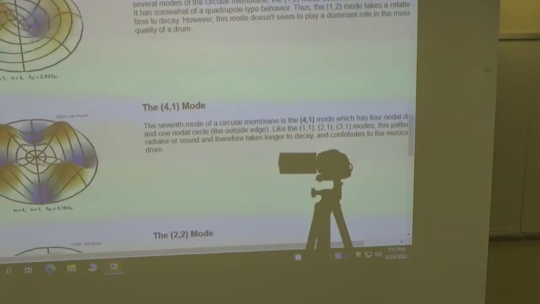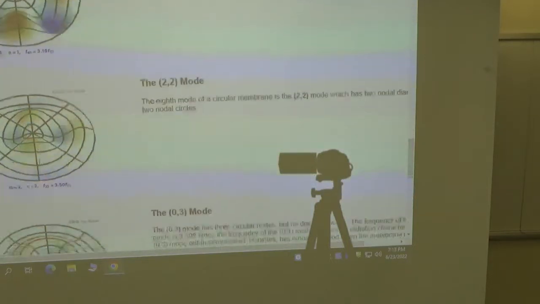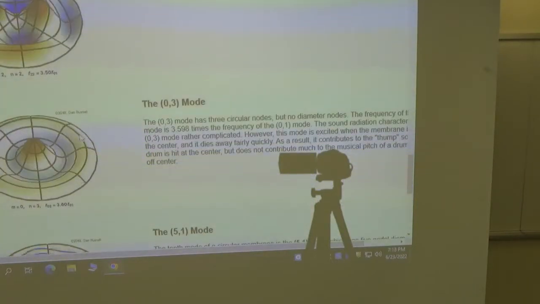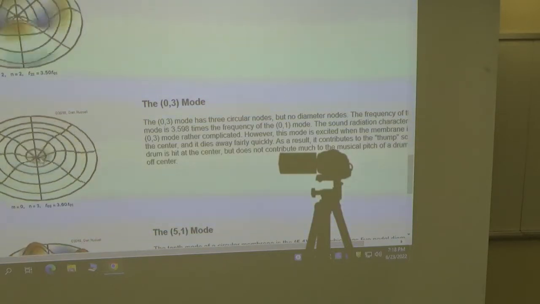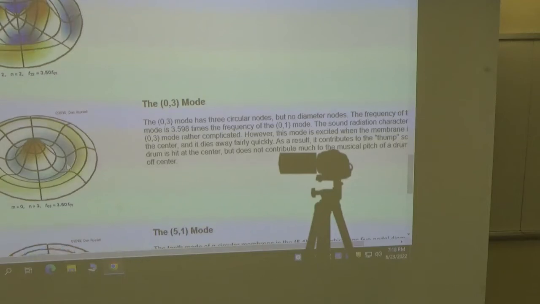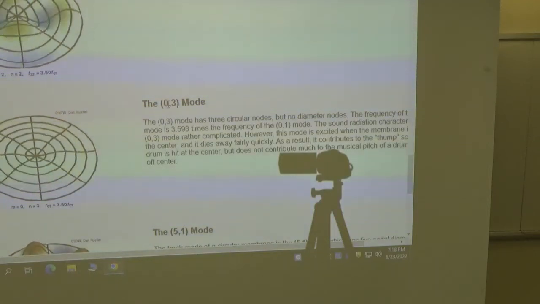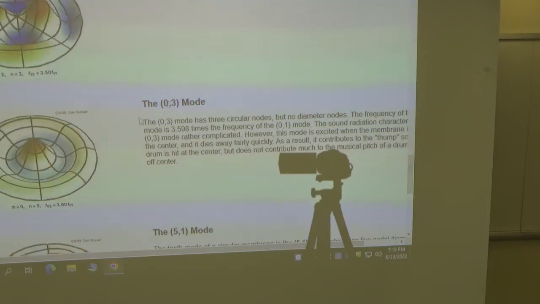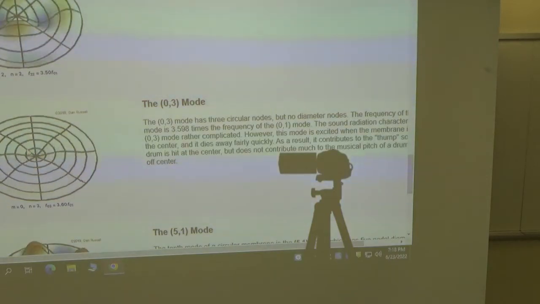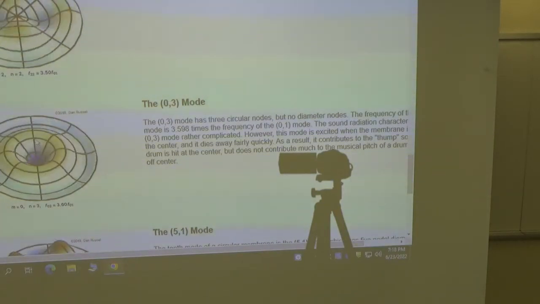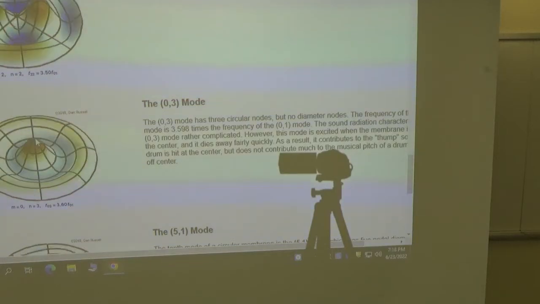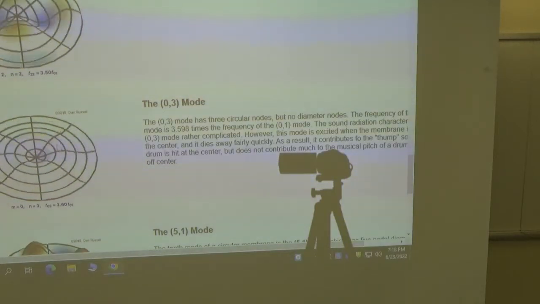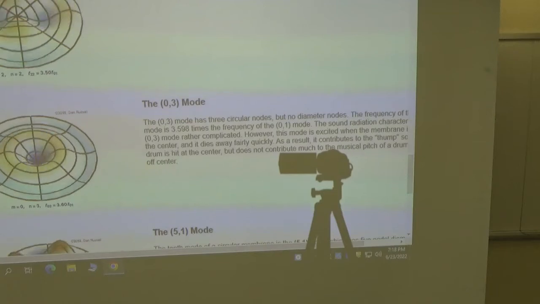Same thing here, but then you get the 0-3 mode, and you see that, again, it's going up and down. And when you get to 0 modes, you're just seeing more and more of the Bessel function of order 0. When it's at the peak, the cross-section from the middle is really the Bessel function of 0th order.